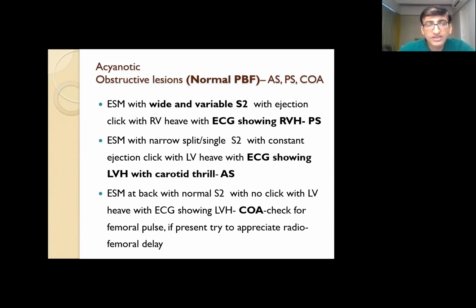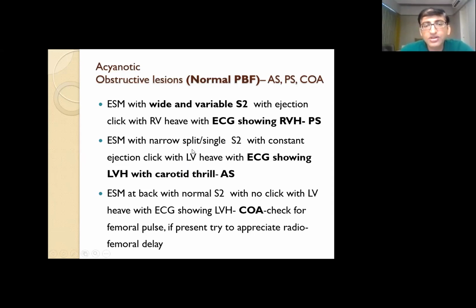Similarly, when we are suspecting an obstructive lesion, how are you going to reach a diagnosis of aortic stenosis or pulmonary stenosis? All the obstructive lesions will have an ejection systolic murmur only, so based on that we cannot differentiate. Aortic stenosis murmur will be more prominent in the aortic area, and pulmonary stenosis murmur will be more prominent in the pulmonary area.